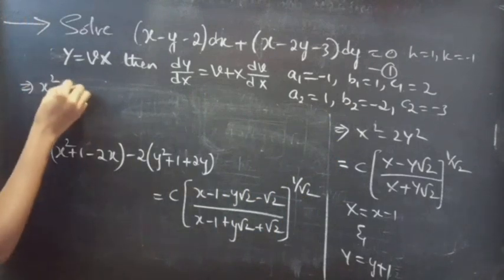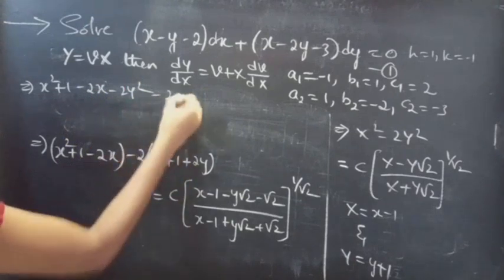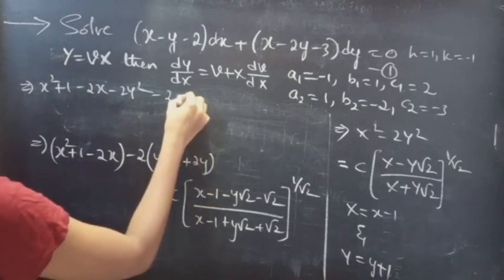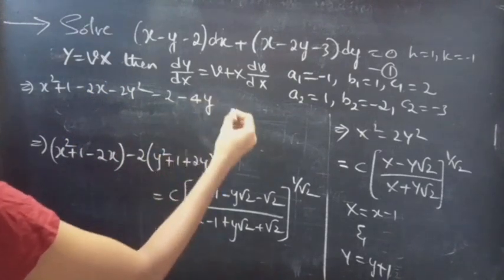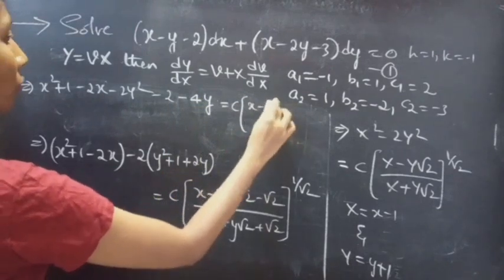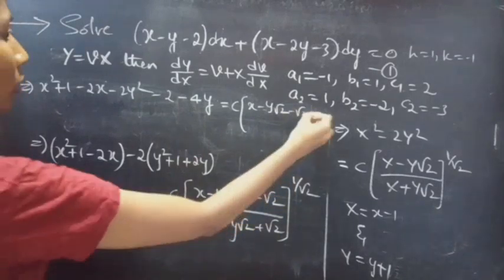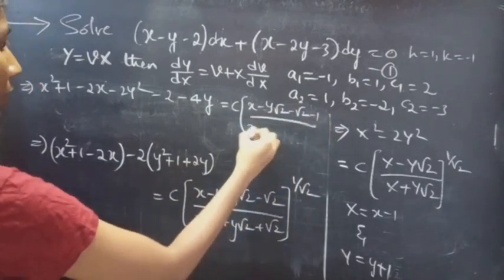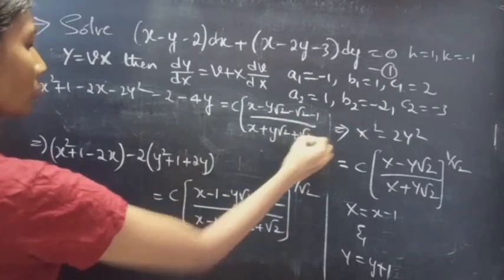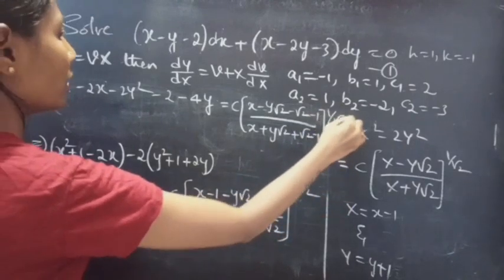Then x square plus 1 minus 2x minus 2y square minus 2 minus 4y equals c times (x minus y square root of 2 minus square root of 2 minus 1) by (x plus y root 2 plus root 2 minus 1) power 1 by root 2.